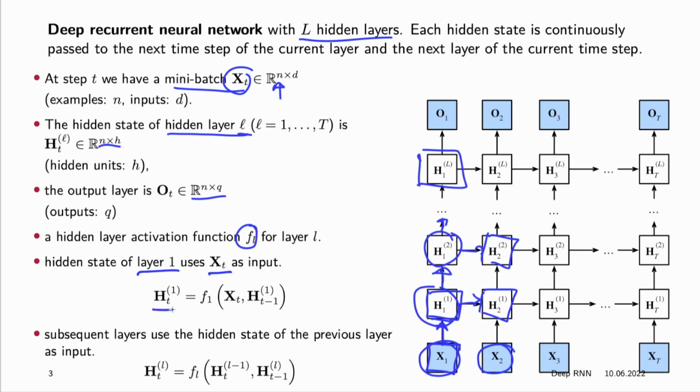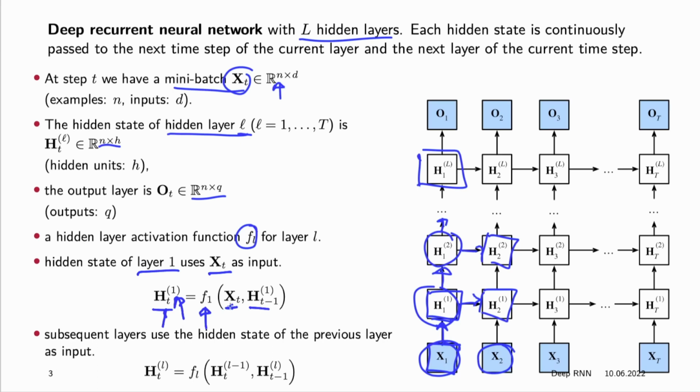So the hidden state at time point t of the first layer is computed as the first layer activation function f1 of the input and the hidden state of the first layer at time point t minus 1. For example, we might compute a perceptron, so basically multiply xt with a weight matrix, ht minus 1 with another weight matrix, and plug this through a tanh function.